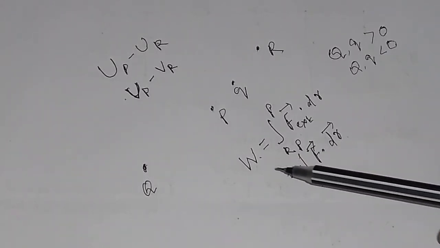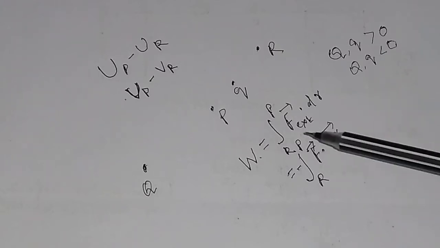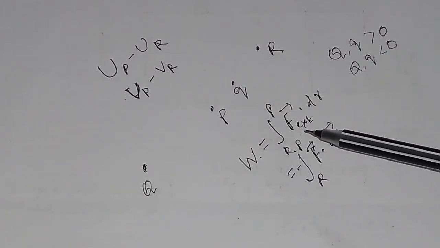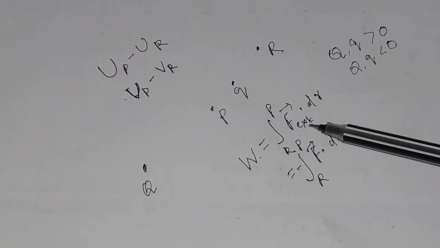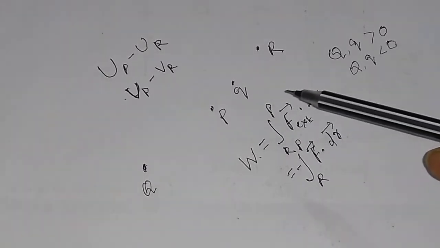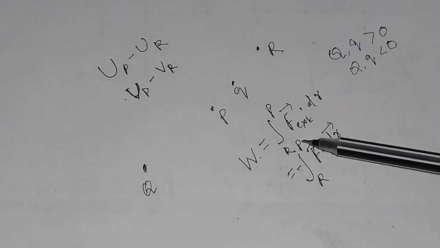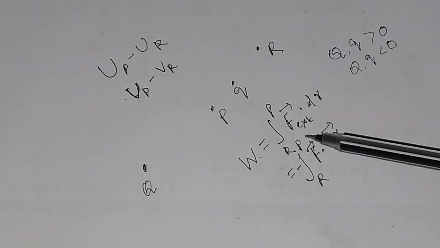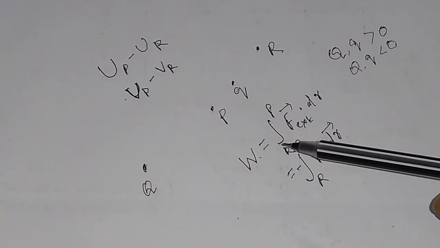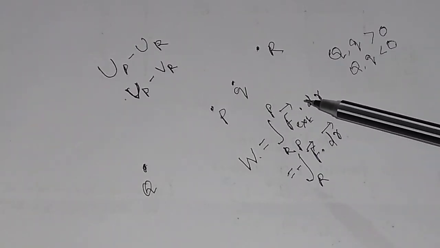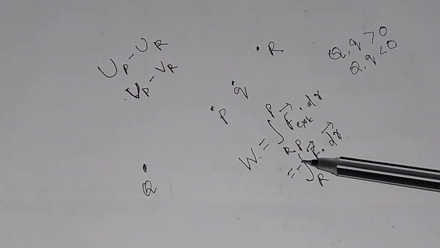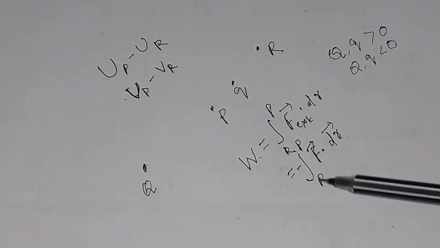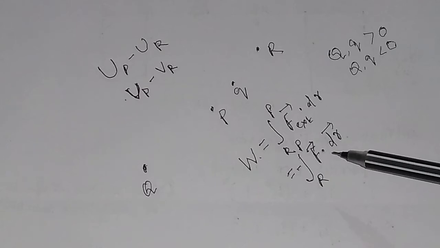We can define W as this quantity if the work done by the external force is equal to 0. Then you can define W is equal to the integration from R to P of F dot dr.